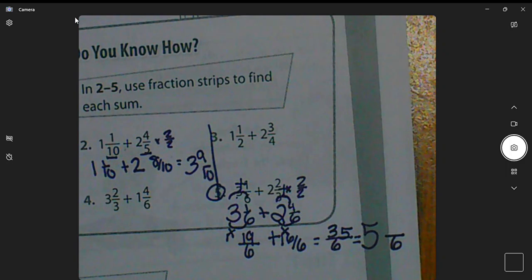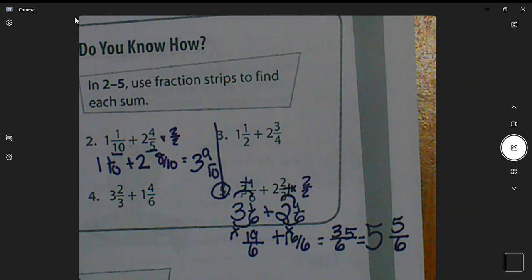So I can do the same skill again. Multiply. 5 times 6 is 30. From 30 to 35 is how far? Yeah, it's 5. So my sum, the answer, is 5 and 5/6.